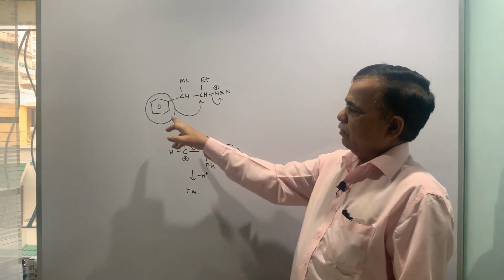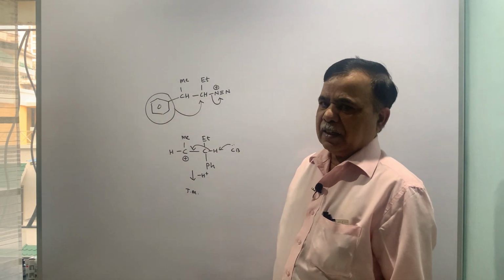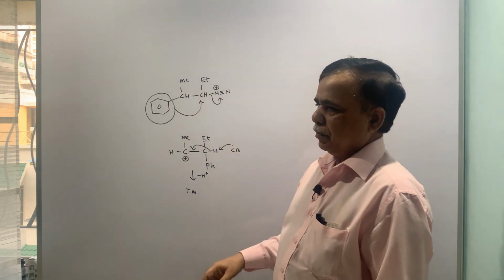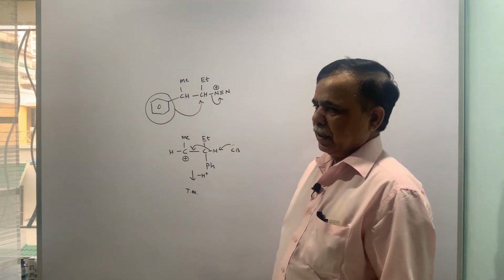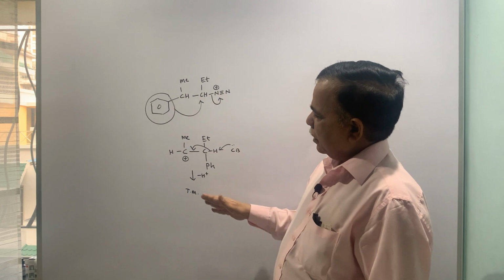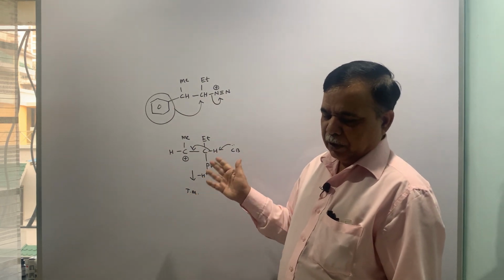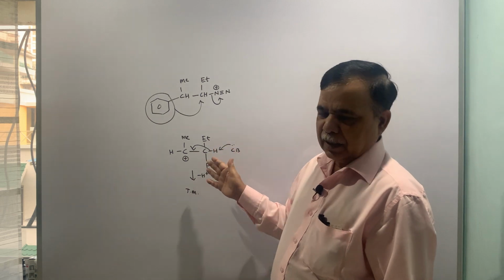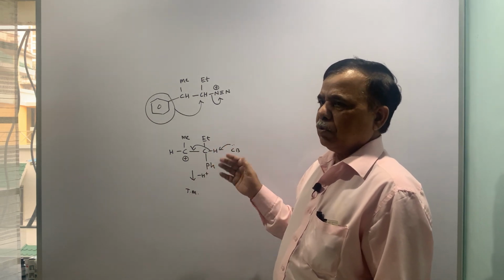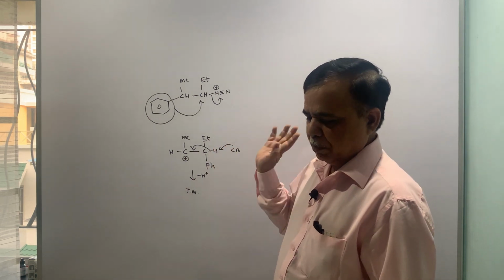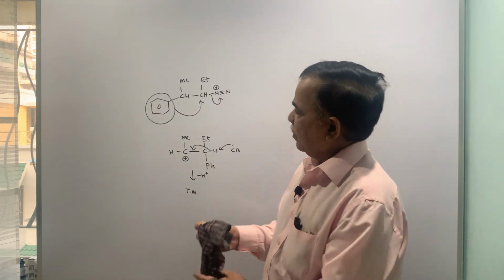So the phenyl ring obviously has greater migrating aptitude than methyl, so therefore this ring migrates, and in the last, since the product is given, we have to see how the double bond is formed, that is through the elimination of H plus ion. Okay, right.